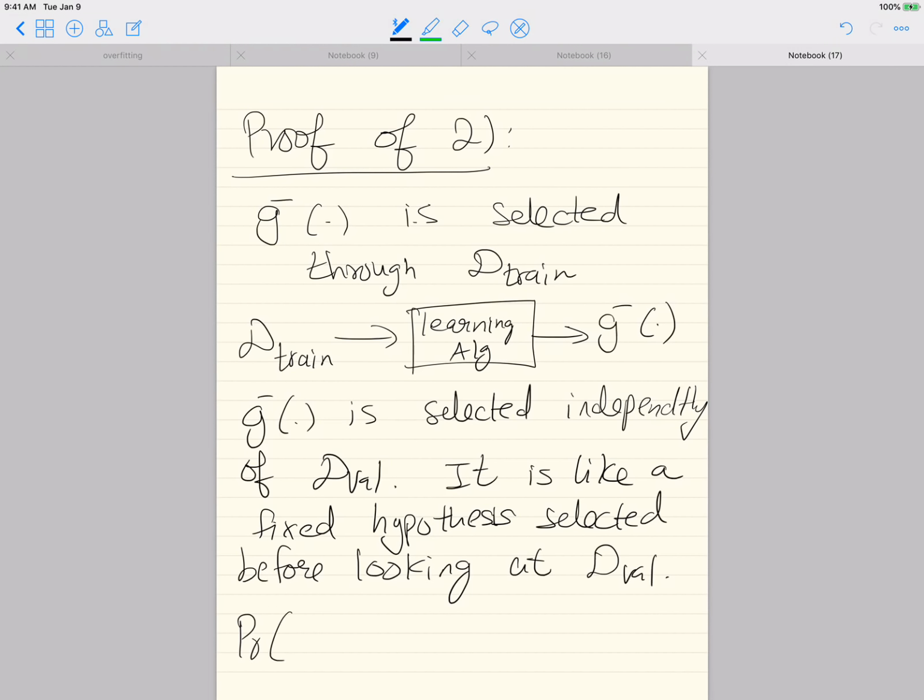So then the probability that E_out of g minus minus E_val of g minus is greater than epsilon is less than 2e to the minus 2K epsilon squared. Here instead of N you have K, the size of the set. You're computing your quote unquote training error on K points instead of N points as we had there. It's exactly the same setup.